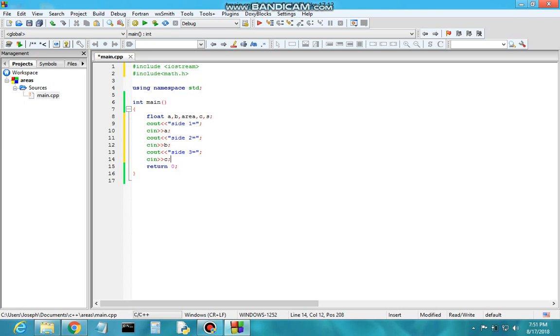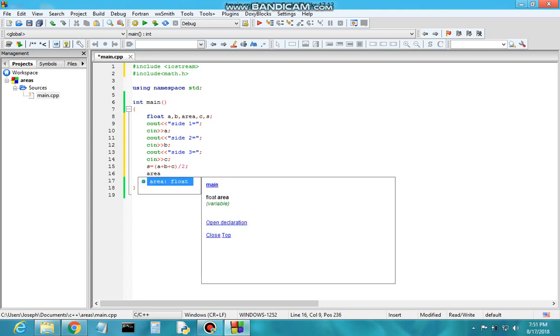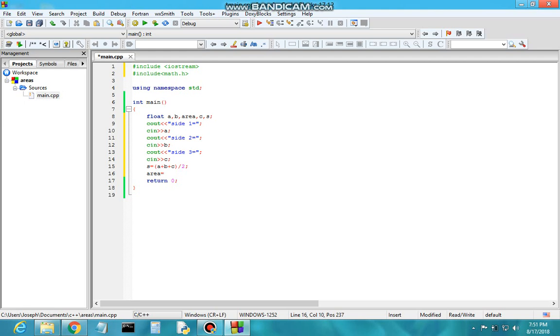Now what next? The next thing is the S. There's a formula especially for this triangle. Just remember this if you need: a plus b plus c divided by 2 is the formula for S. And for the area of a triangle, for this we need to use a root, that's a square root.